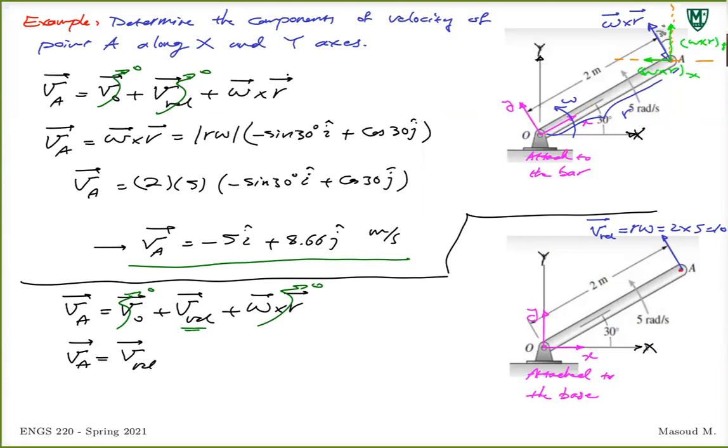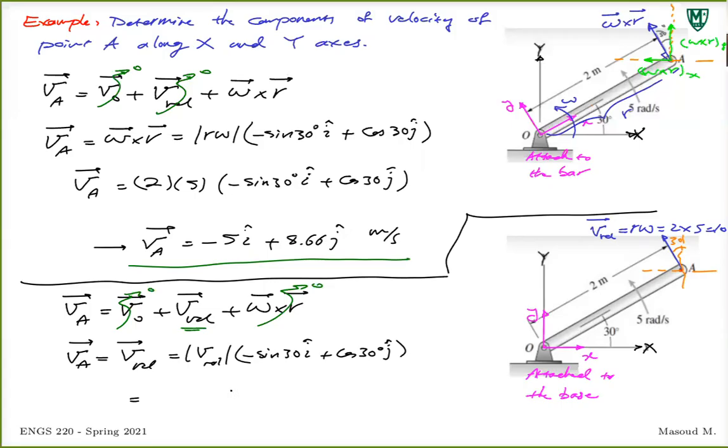Now this is a vector, so this becomes the magnitude of V relative multiplied by minus sine 30 degrees I plus cosine 30 degrees J. This is 30 degrees, you'll get the same thing.